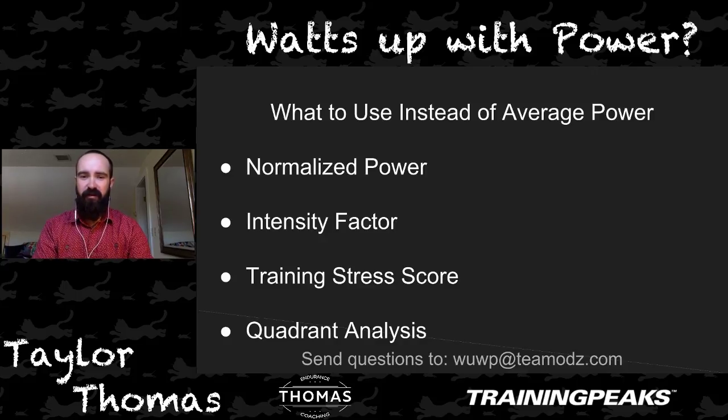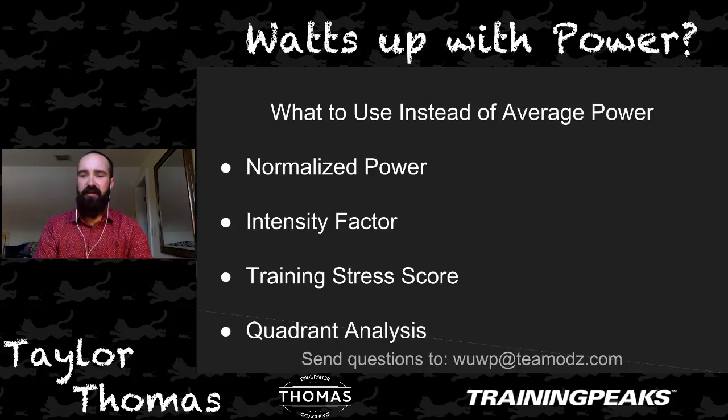But since we know that isn't the case, normalized power starts to give us an indication of what your body thought you were riding at. So it brings to the forefront the metabolic cost of the ride.